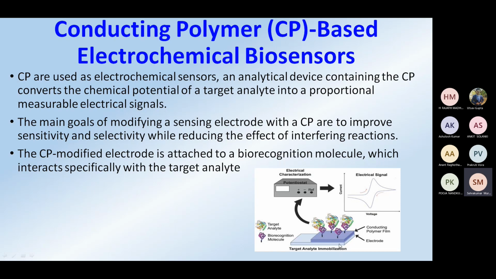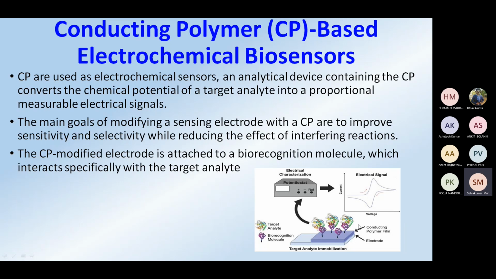Okay. So once the target analyte of your sample gets attached or interacts with your biorecognition molecule or the antibody, what will happen again? There will be changes in the conductivity or the electrochemical signals.